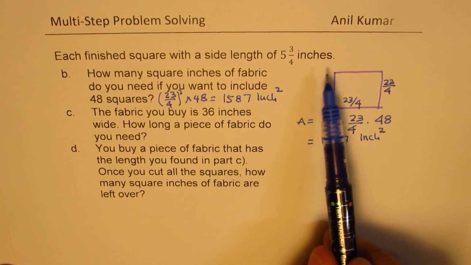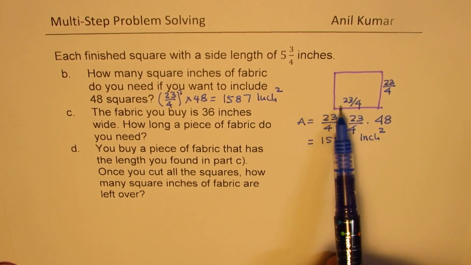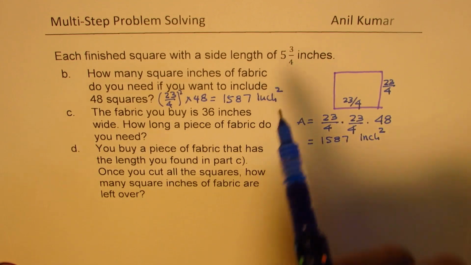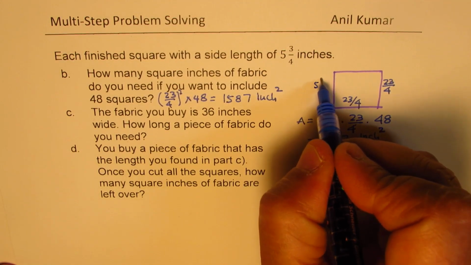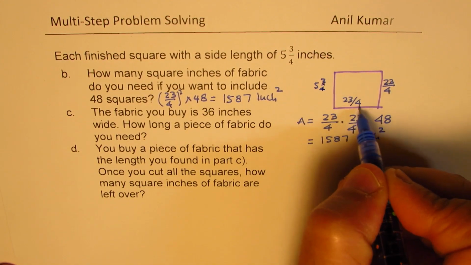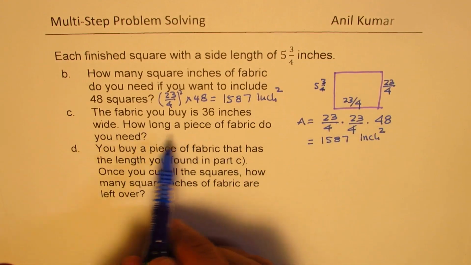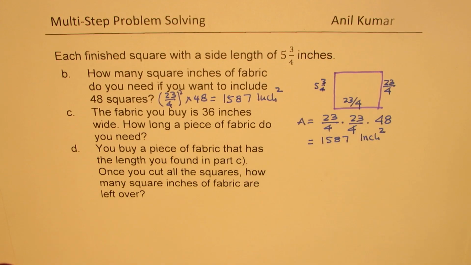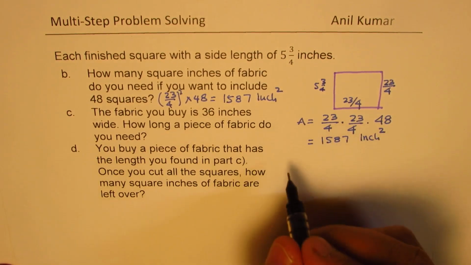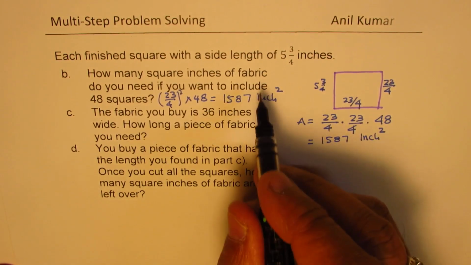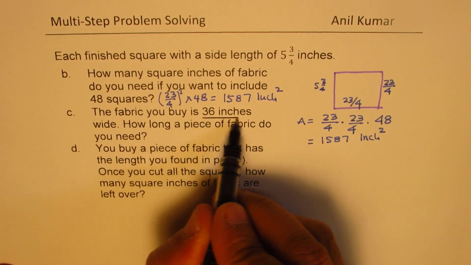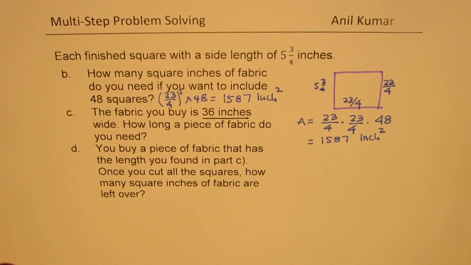Now, each piece is 5 3/4, which is the same as 23/4, slightly less than 6, right? So to get 48 pieces, you could have 6 pieces on the width side. You have 36 inches.